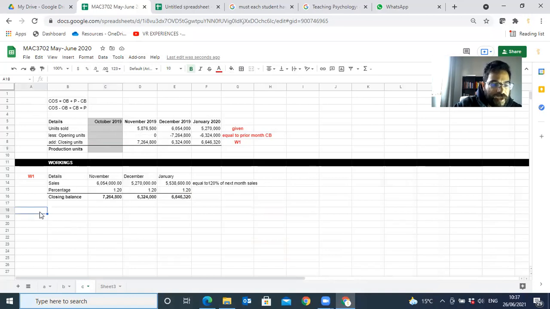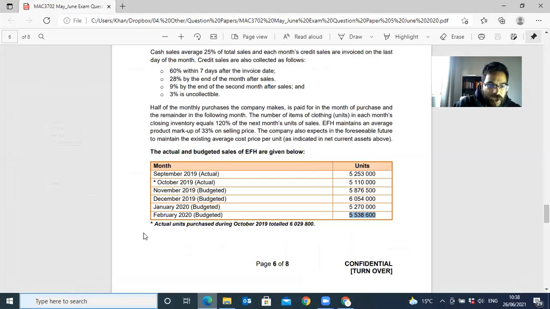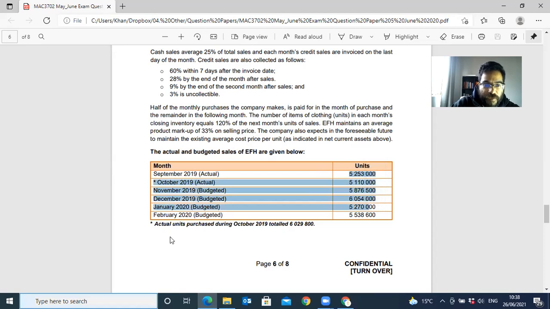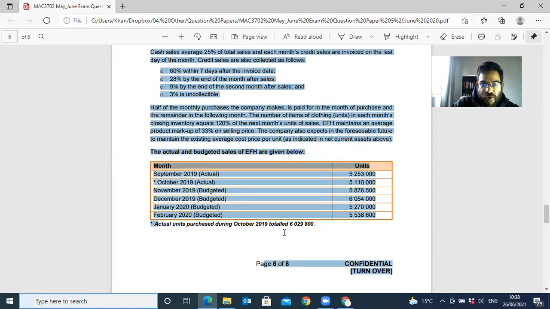So working 2, we need October's closing balance so it can be November's opening balance, right? I just want to see if it's not going to equal 120% of November's sales. So I'm going to do two checks because I want to know why they're giving me this information. Given they gave me all of this, I wouldn't expect it. I don't know why they're giving me the actual units purchased during October.